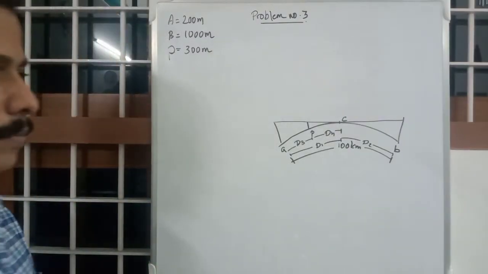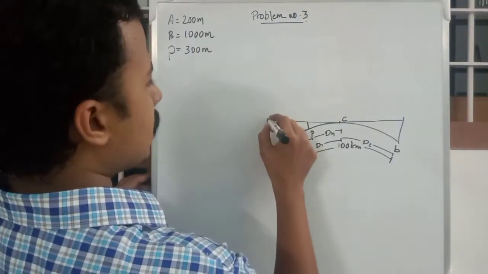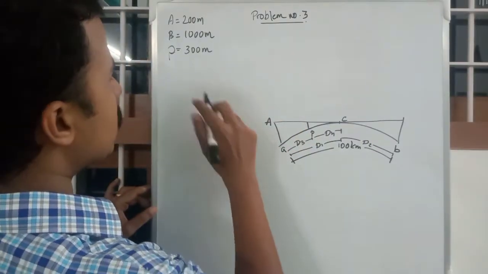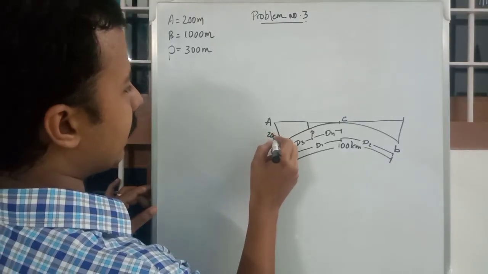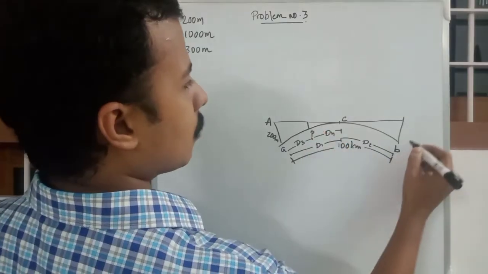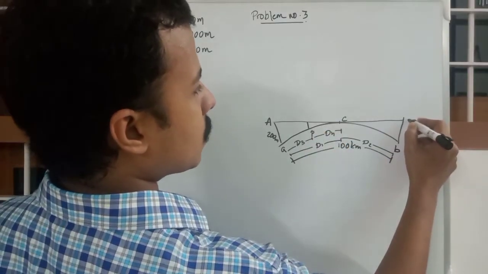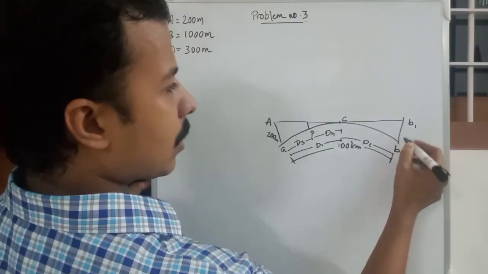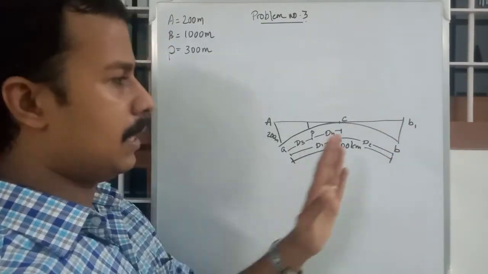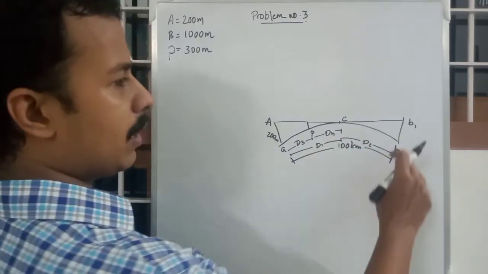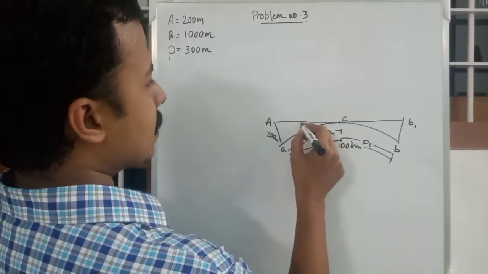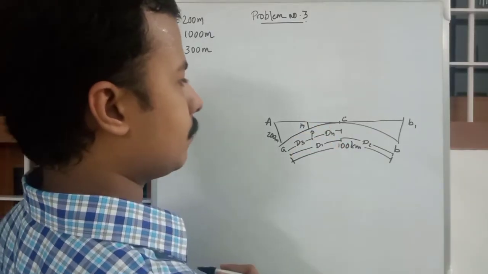And we will name this as capital A. We know the position and it is 200 meters. We will take it as H1, and we will name this one as B1 because we are not certain if B1 is the accurate position of B or not. So we will name it small letter b1, and this point as P1.